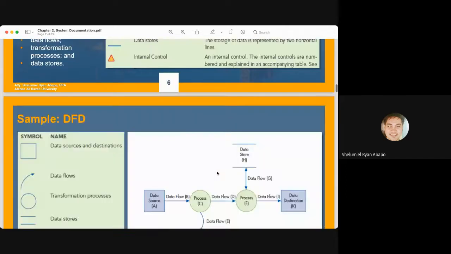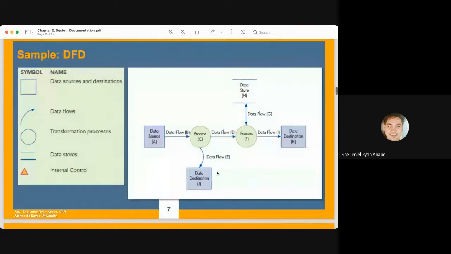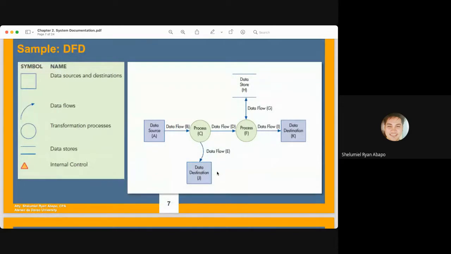Right? Now check a sample data flow diagram. If you notice, from one source, data flows to B, which is an arrow, but it is accepted not by a source but a process, and therefore data now is processed under C. And then it will flow to another process, which is letter F, and then the destination will be K. Note that under the process F, data is being stored already.